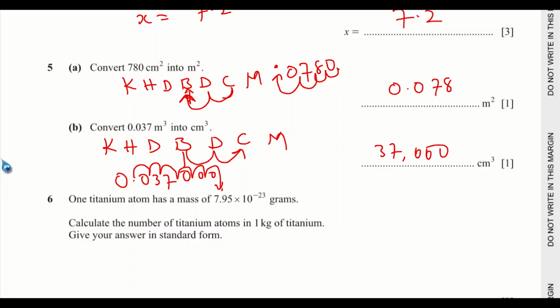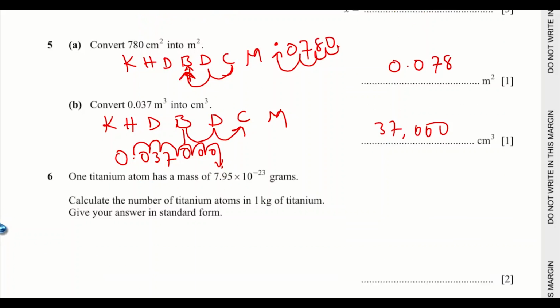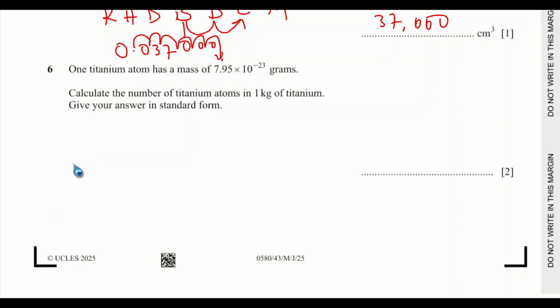So question 6. One titanium atom has a mass of 7.95 times 10 to the power of negative 23 grams. Calculate the number of titanium atoms in 1 kilogram of titanium. Give your answer in standard form. Okay, so what you can do, if one atom implies 7.95 times 10 to the power of negative 23, okay, then n number implies 1 kilogram.